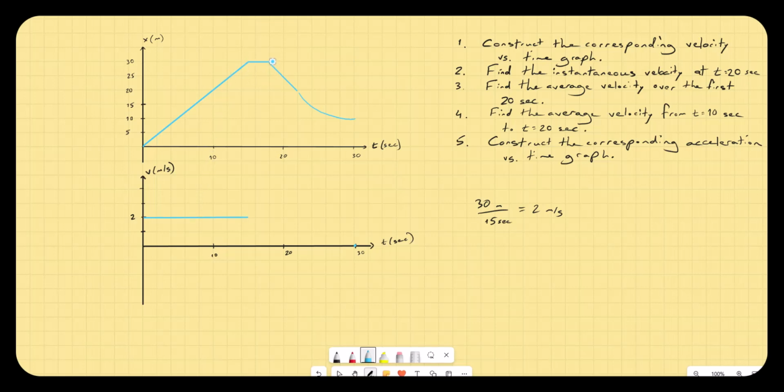From there until I get to t equals 18 seconds, I'm at rest. So right here, I am at rest. It makes sense that I've got to jump because I have this cusp right here. So I've got to jump in this graph. From there, over the course of the next 4 seconds, I'm going to move 10 meters back. 10 meters in 4 seconds is 5 meters in 2 seconds, is 2.5 meters per second.